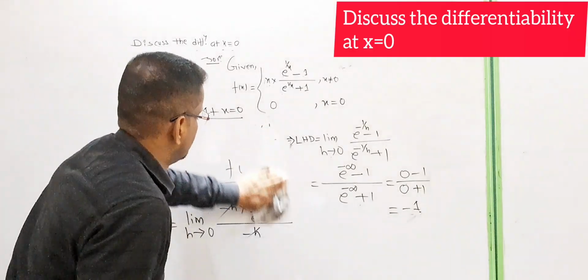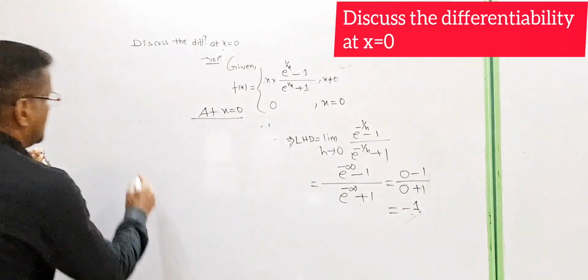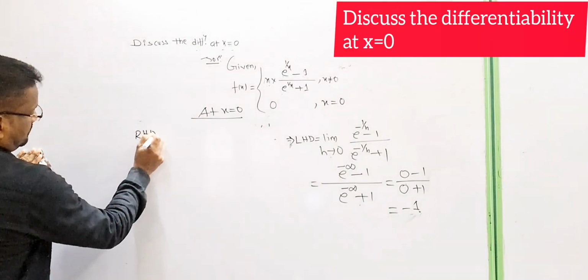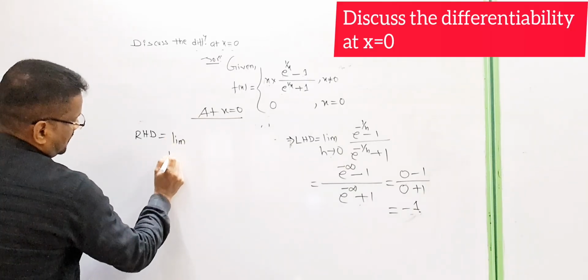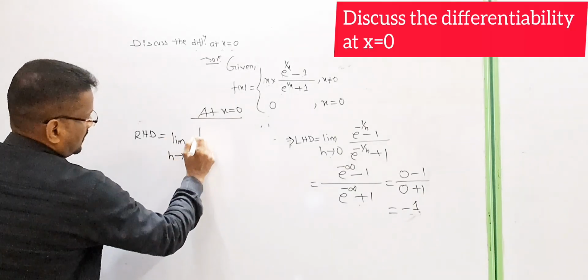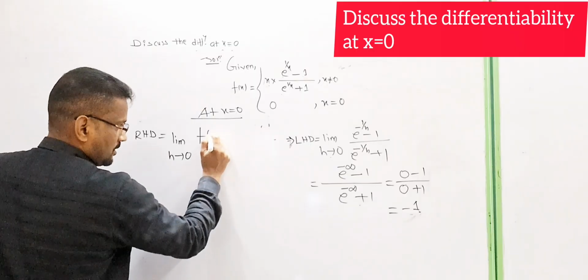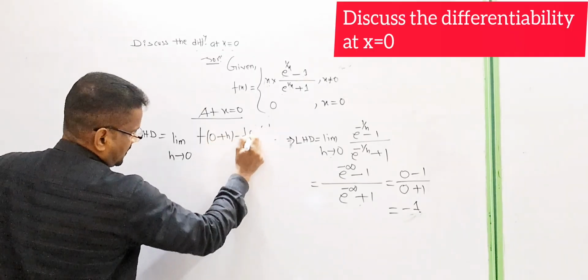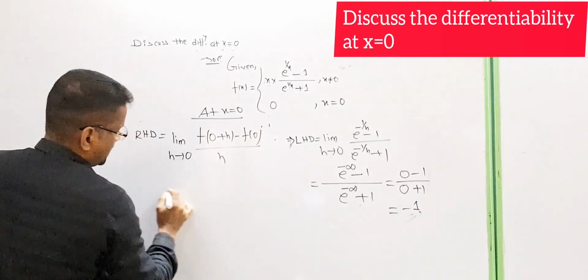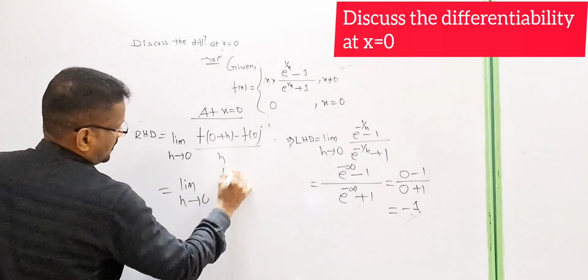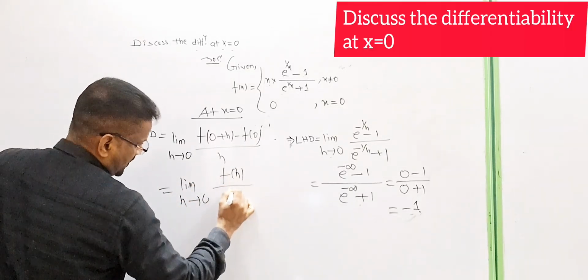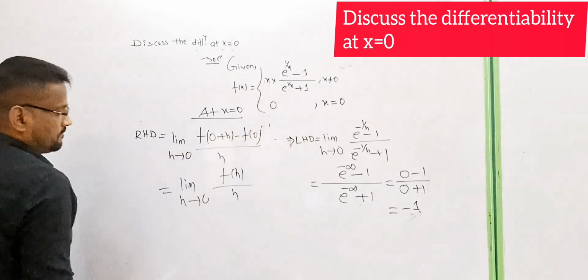Now let us see the right hand derivative, at the same point x equal to 0. So limit h tends to 0, f of 0 plus h minus f of 0 divided by h, which is limit h tends to 0, f of h by h, and f of 0 is 0 only.